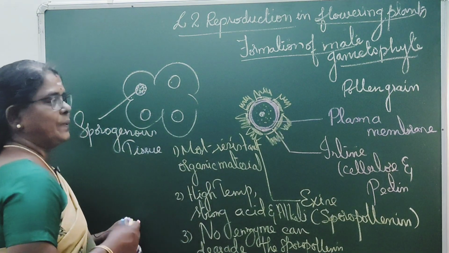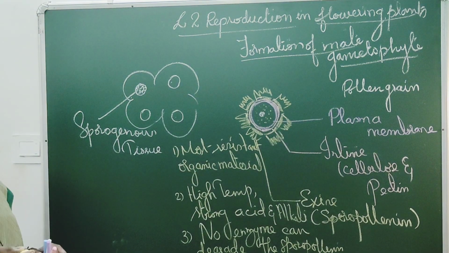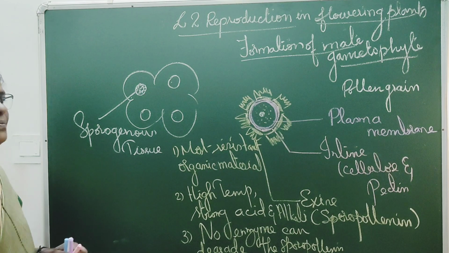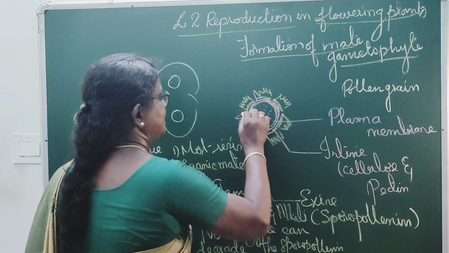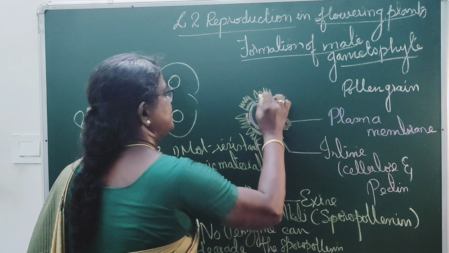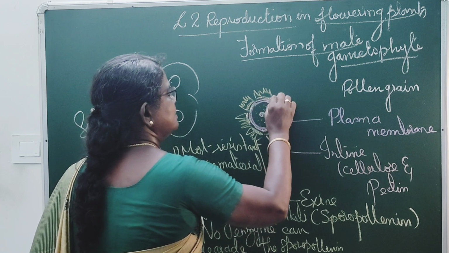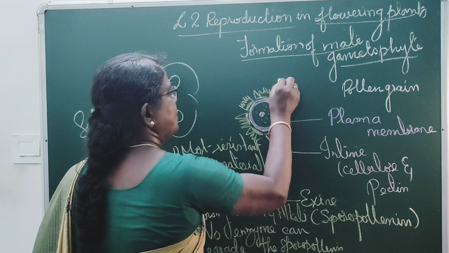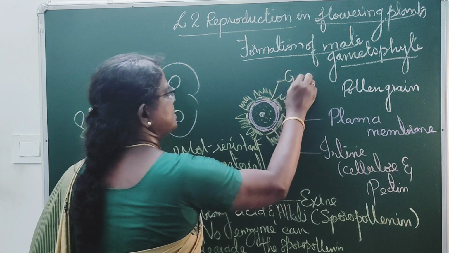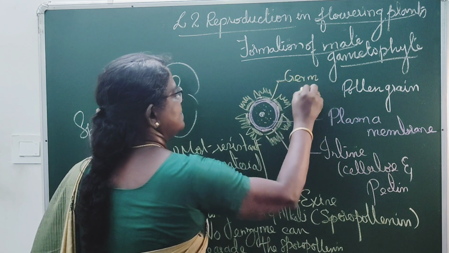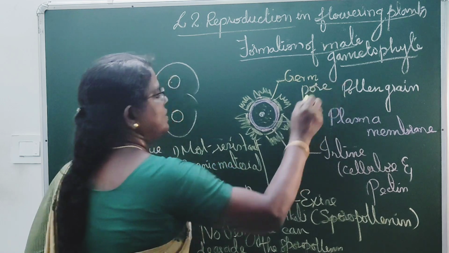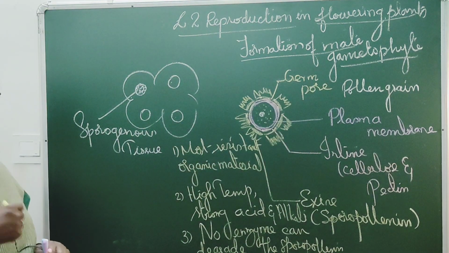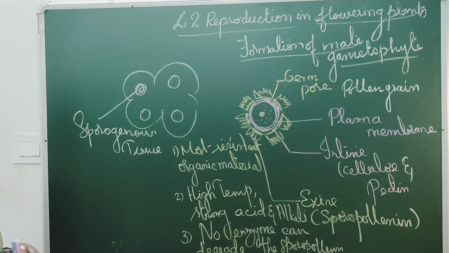Around that, it has the exine, which is not continuously present. It leaves some space, and in that space there is an aperture known as the germ pore. Through this germ pore only, the pollen tube germinates and grows.